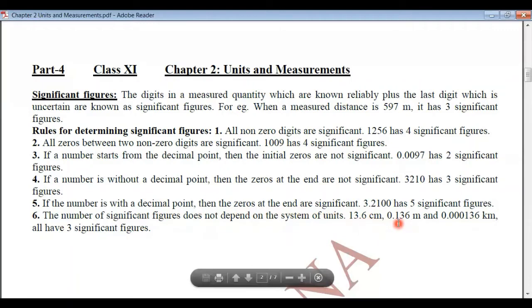There are 3 significant figures. 0.136 meter. Here also the number of significant figures is 3. 0.000136 kilometer, as it's starting with the decimal, all these initial zeros will be considered insignificant. So the number of significant figures here is 3 only. So these are the rules for determining the significant figures.